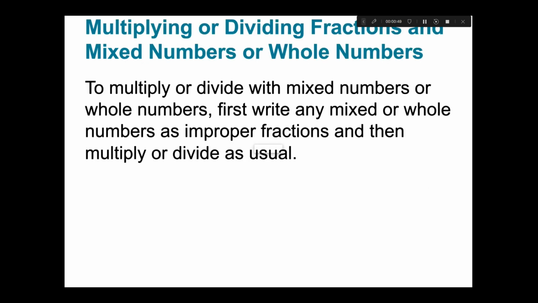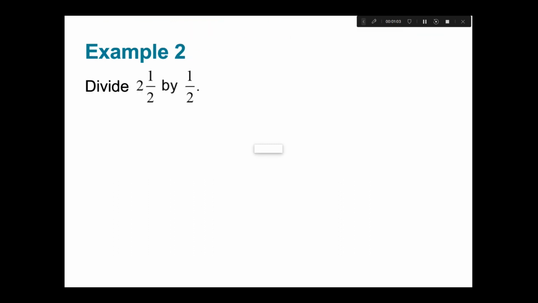Next, we're going to multiply and divide with mixed numbers or whole numbers. When we multiply or divide, and this is in your notes right here, we're going to take a mixed number and turn it into an improper fraction before we multiply and divide. So this example is right down below. In order to turn those mixed numbers into improper fractions, what do we have to do?